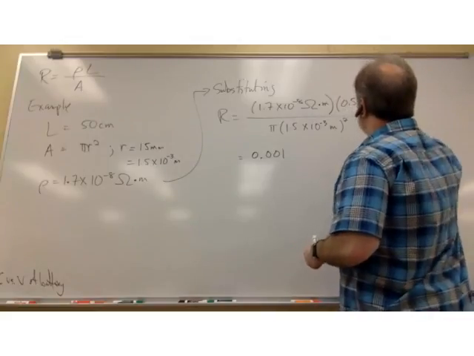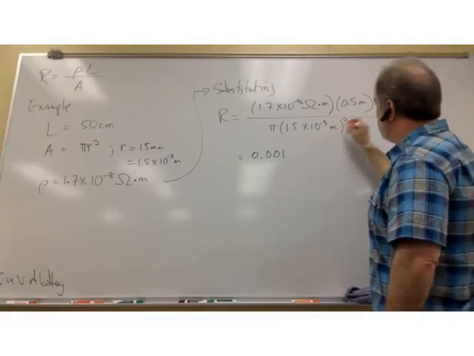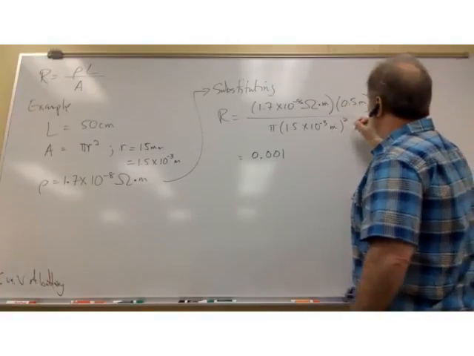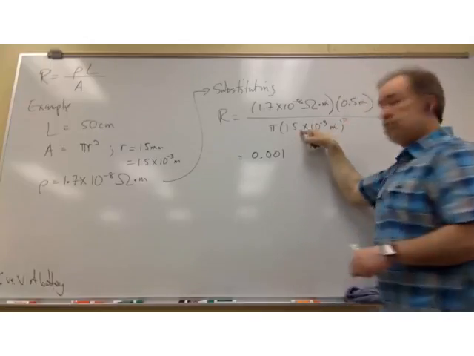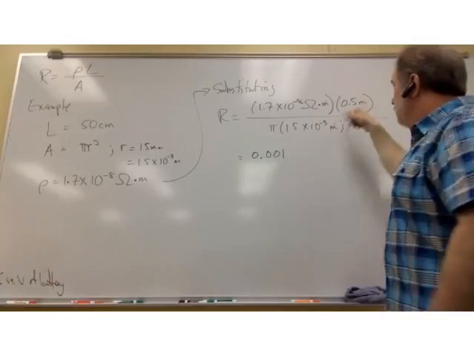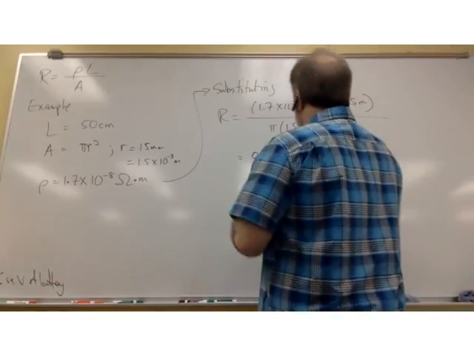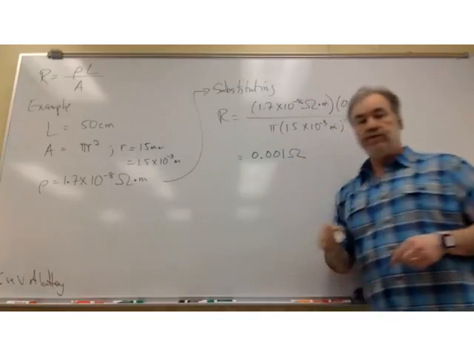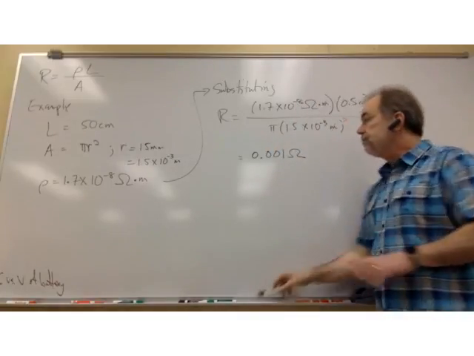Meters times meters in the numerator gives me meters squared, divided by meters squared down here. Well, I shouldn't cross that out. The 2 is still there because it's still squaring this number. But anyway, we are left with ohms, sure enough. And so a very small resistance, as you see, and so that makes sense.